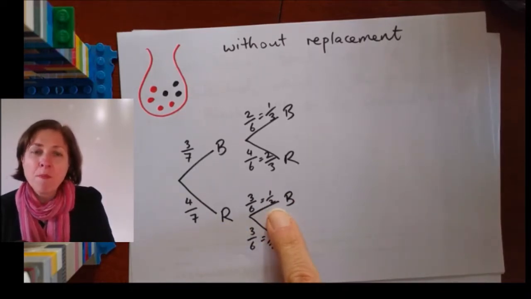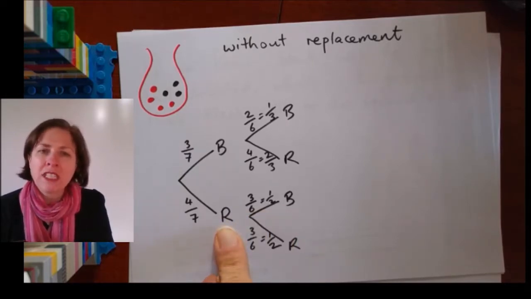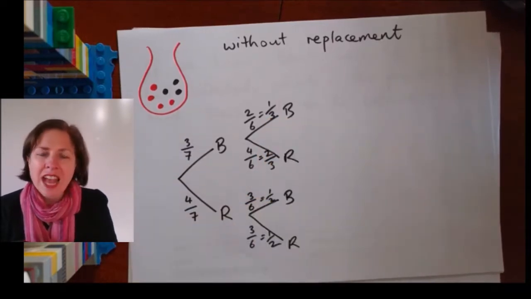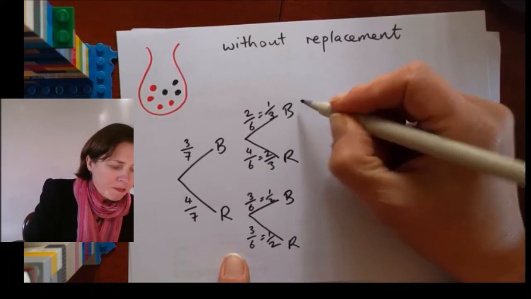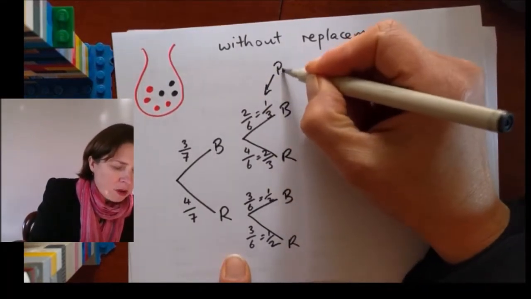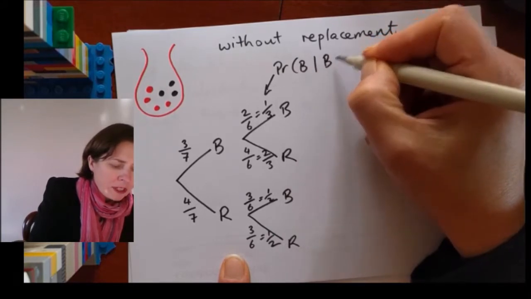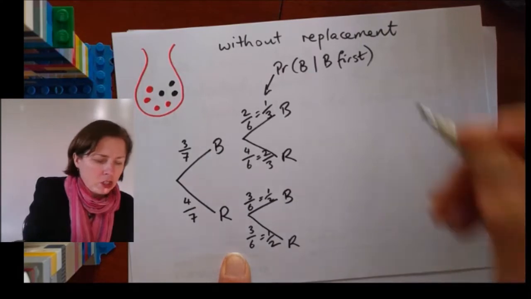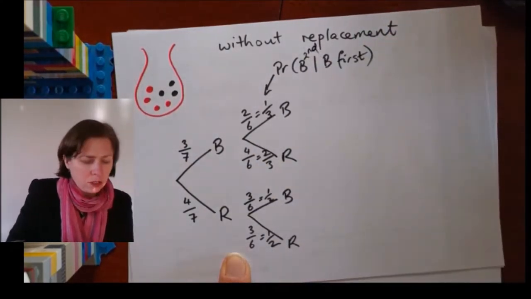So probabilities where I tell you in advance what my first outcome was in order to work out this or this, that's conditional probability. I would write this one here as the probability of black second, given that black happened first.